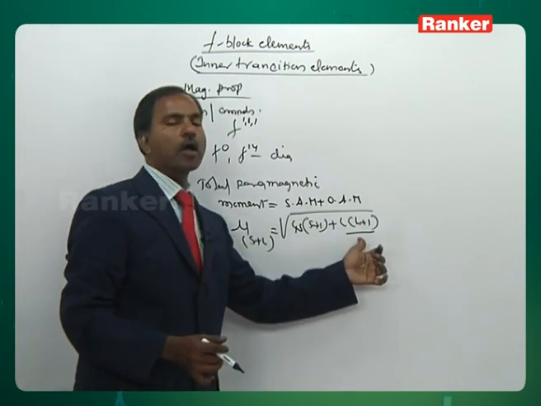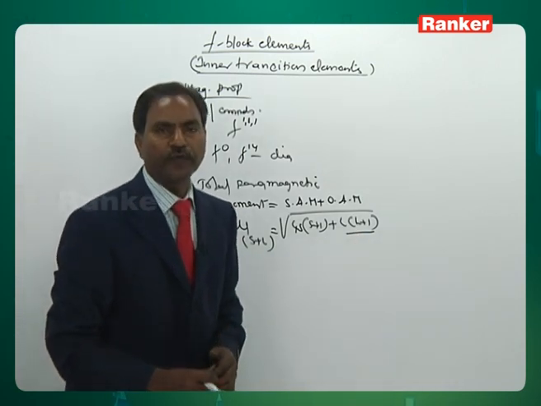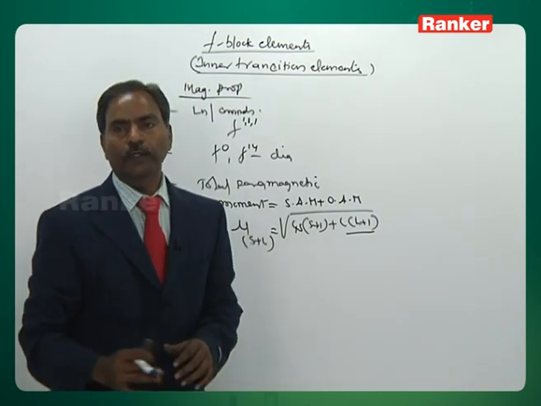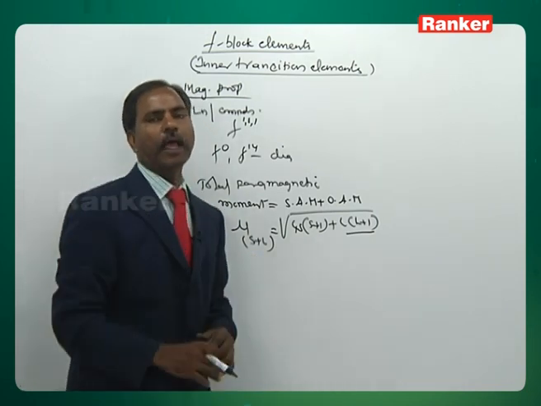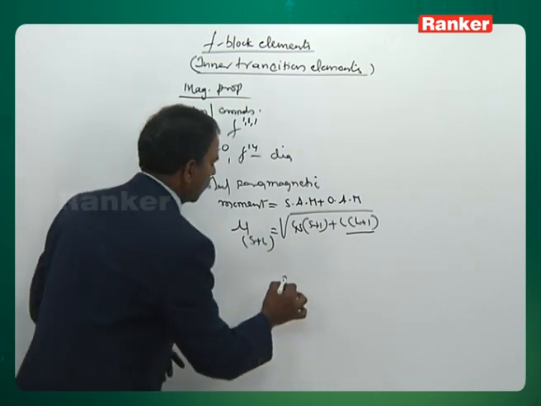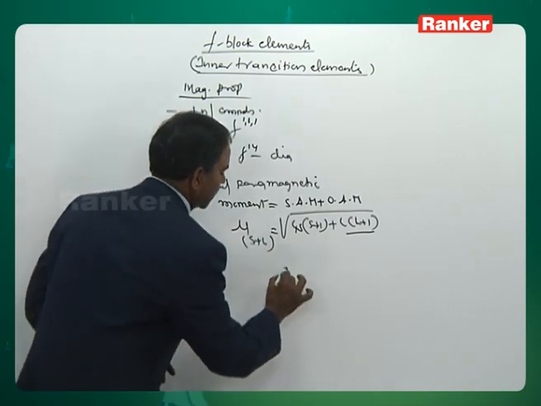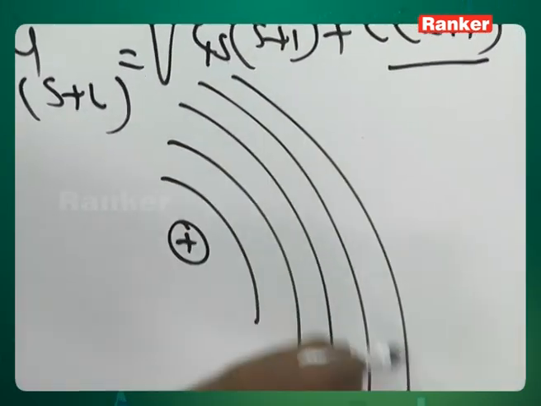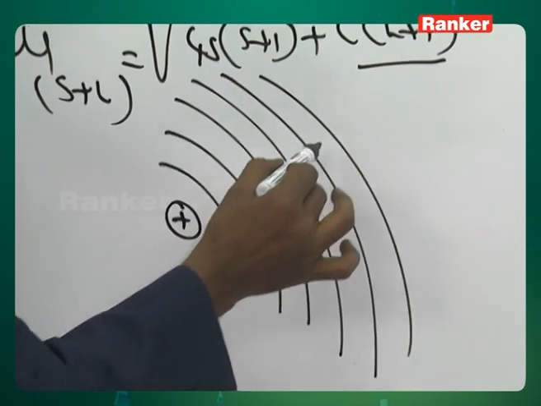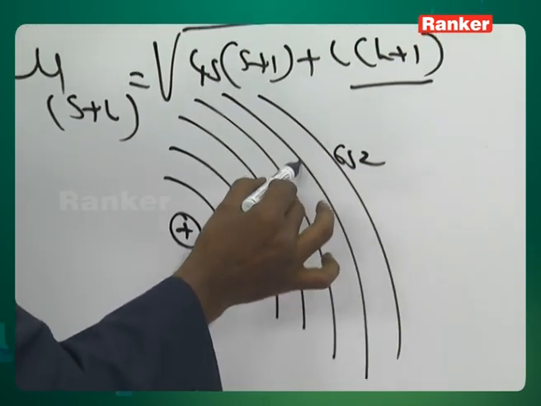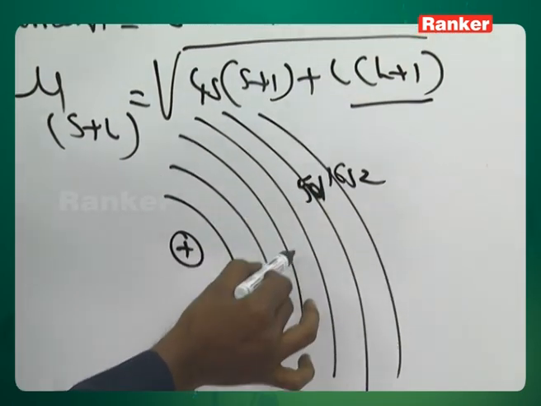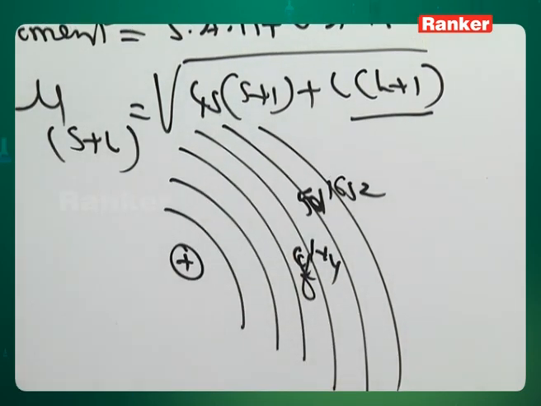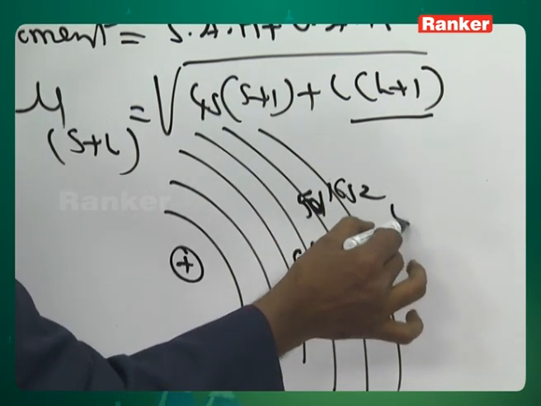Why is the orbital angular moment not quenched by the ligand field? Look here, f orbitals are deeply seated in the antepenultimate shell. Look at the board for a while, you can easily understand. 1st, 2nd, 3rd, 4th, 5th and 6th shell you are writing. Now we write the configuration as 6s2, 5d1 and let us take 4f12 to 14. Let us consider the ligand is here.